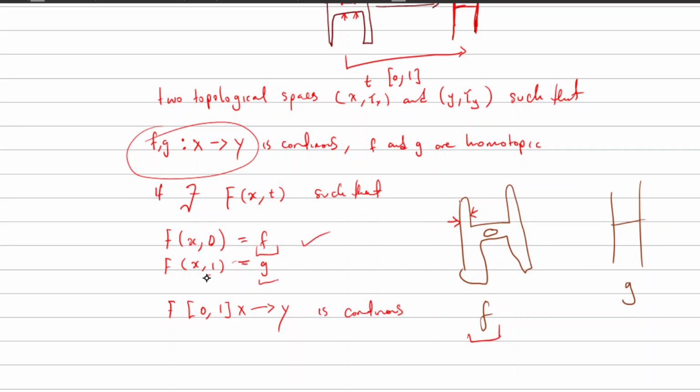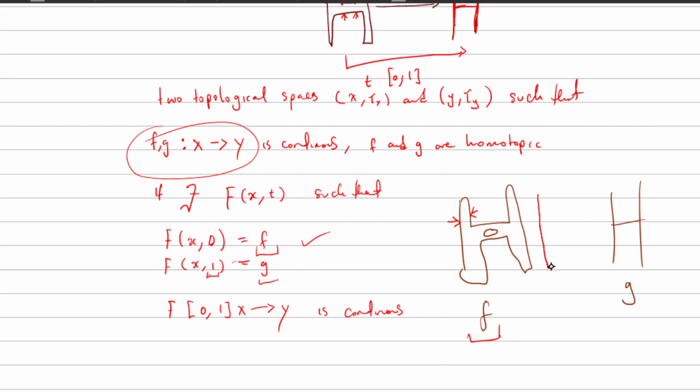Now let's look at time equals half, before we even get to 1. At time equals half, we're going to have something like this. It will reduce a bit.